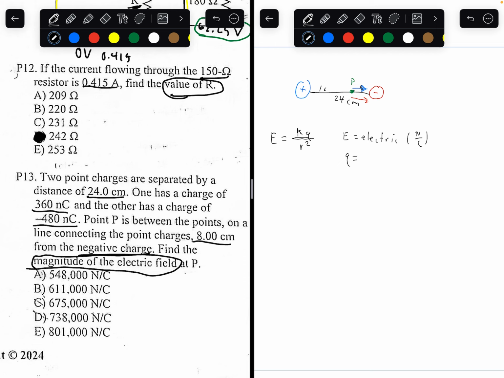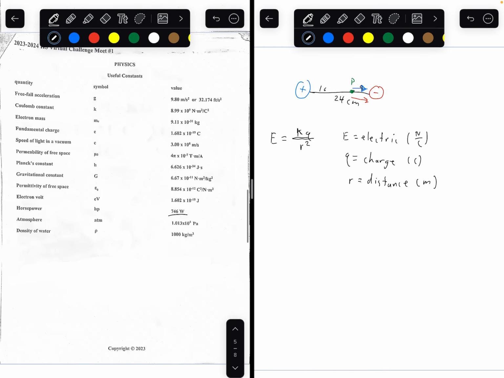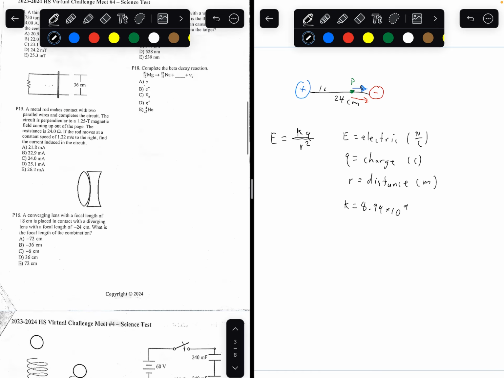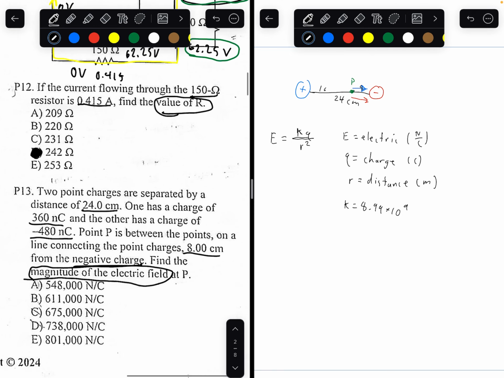Charge is measured in coulombs, R is measured in meters, and K is given on your formula sheet right here. Coulomb's constant is 8.99 times 10 to the power of 9. So, with that in mind, let's go back to the question.